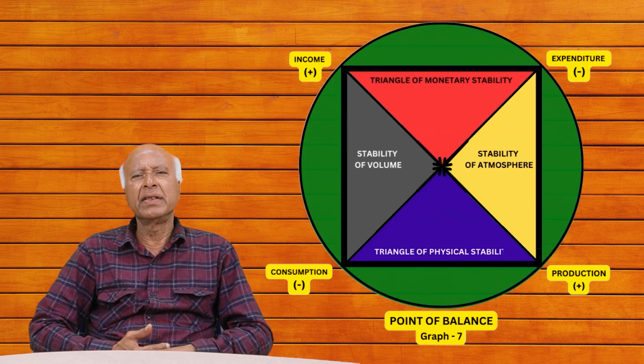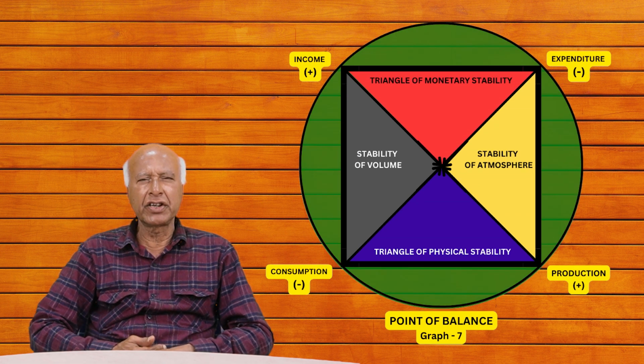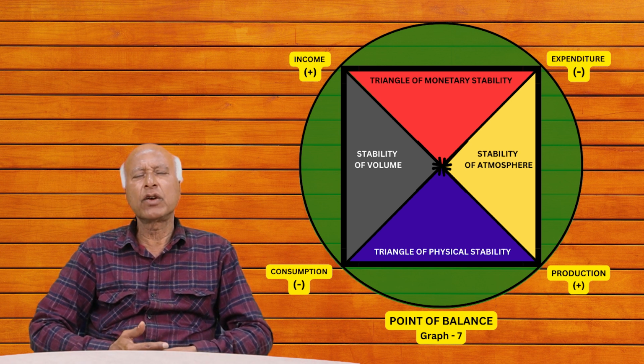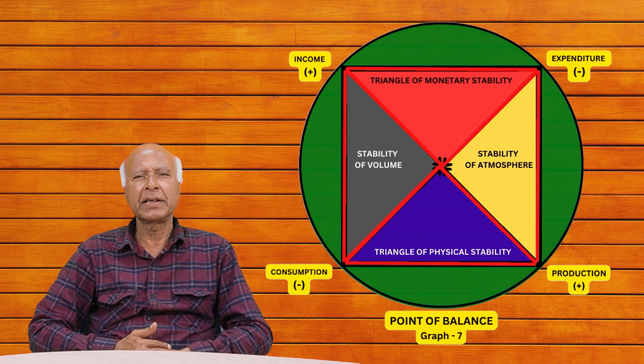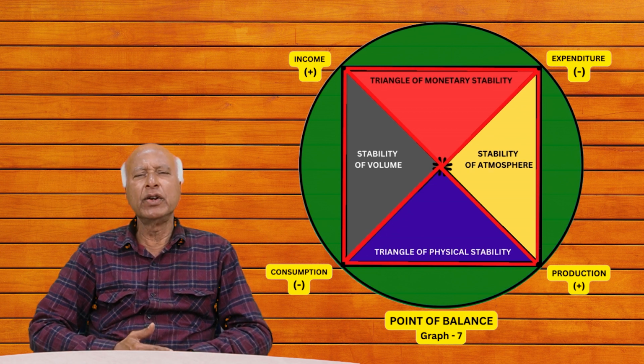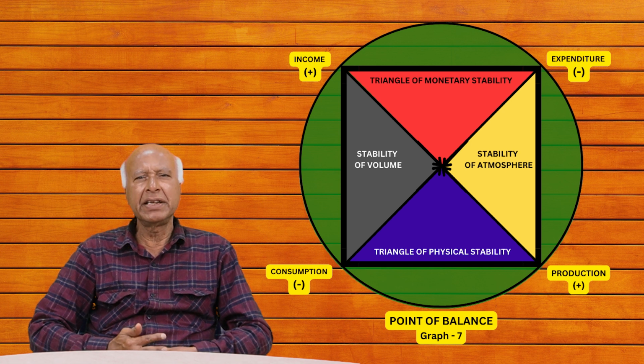You will find that on the lines of operation of forces of repulsion, meaning how repulsive forces operate in the sphere of economy, four perfect triangles emerge, and they will denote the triangles of stability.